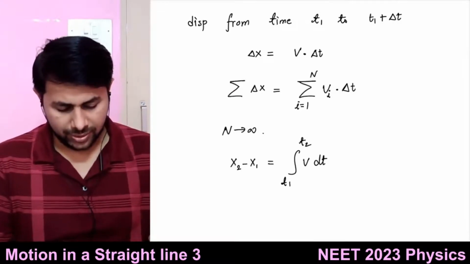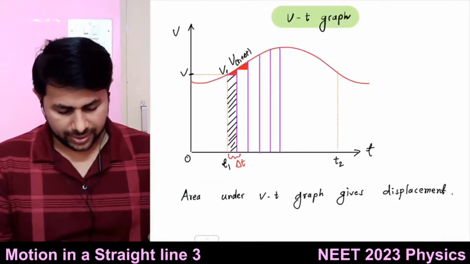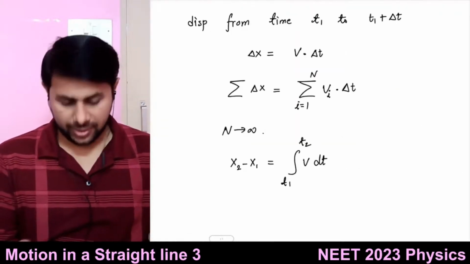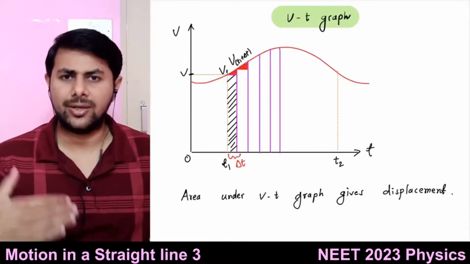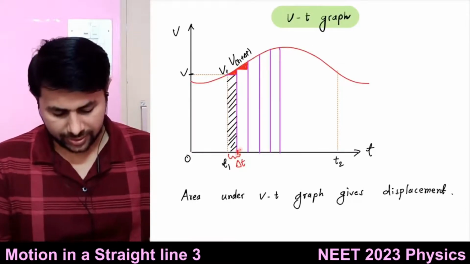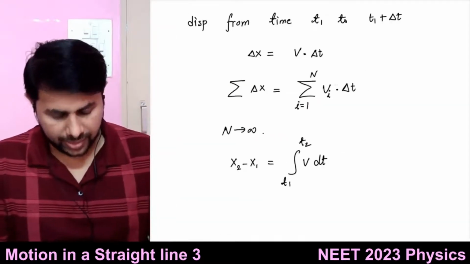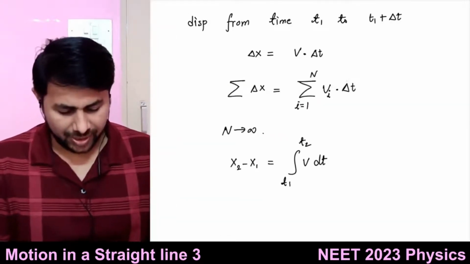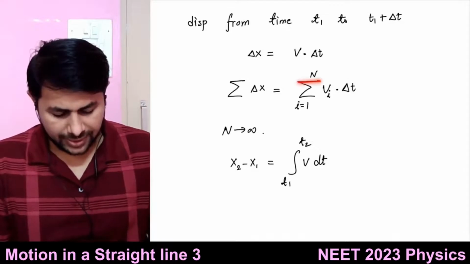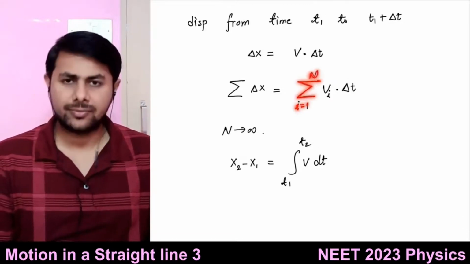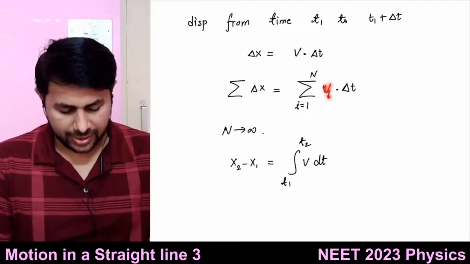So now at the beginning here, the velocity is suppose v1, then the velocity will take various values at the different time intervals. So on the right hand side you will have the summation of i goes from 1 to n of vi delta t.